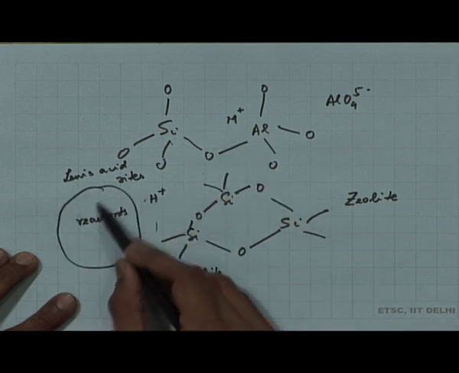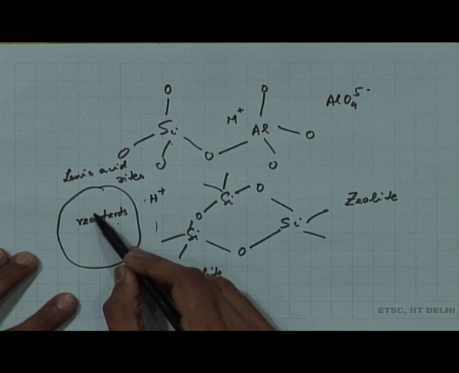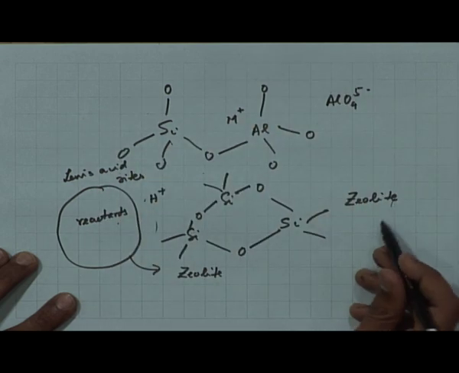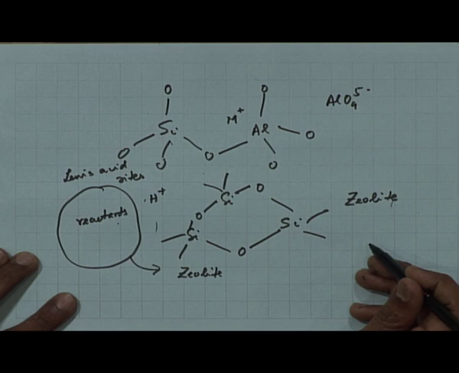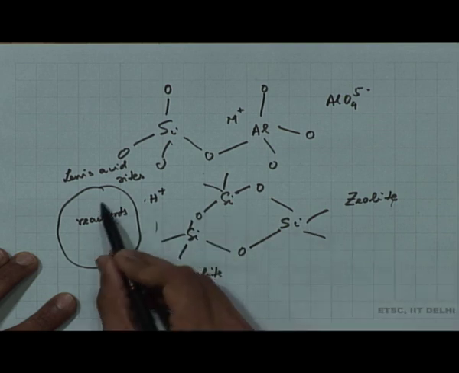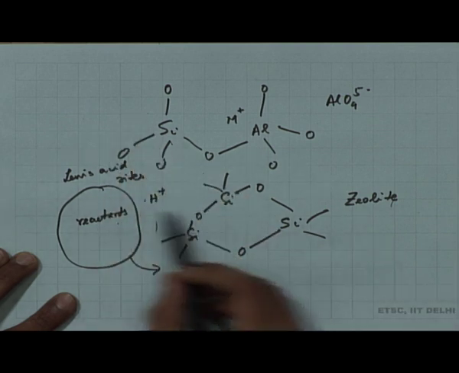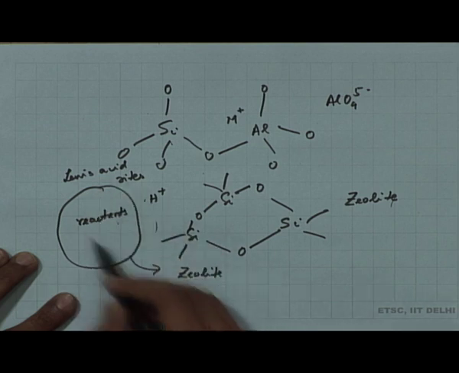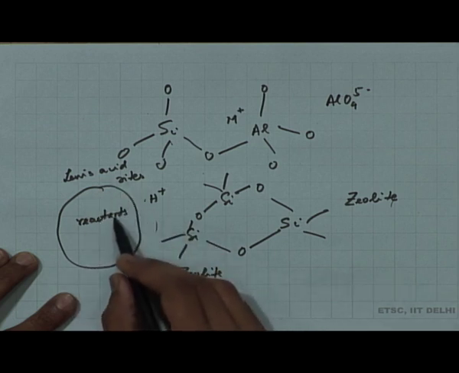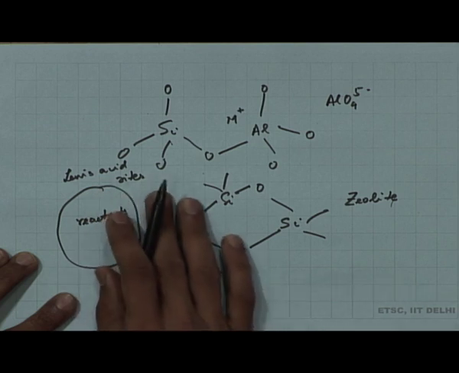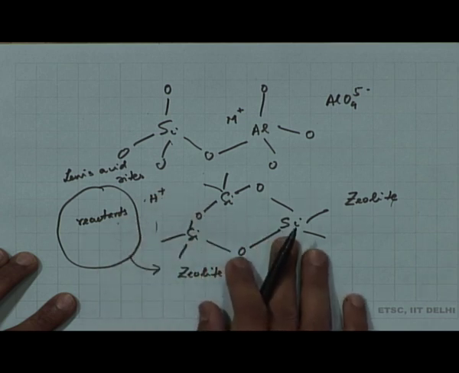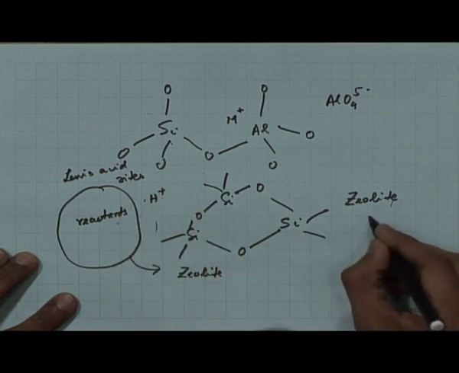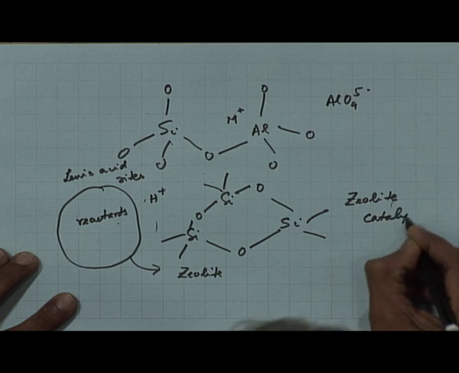So, these are very good catalysts for many of the steam reforming reactions that is used in the petroleum industry for getting cracking of petroleum, and they work through these cage formation which traps species. So, this is a large class of catalysts which are called zeolites.